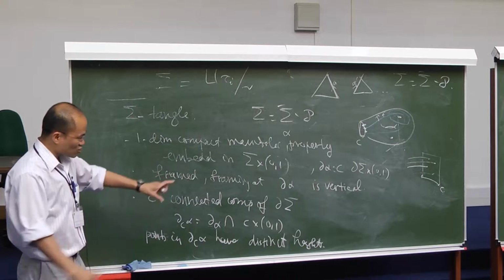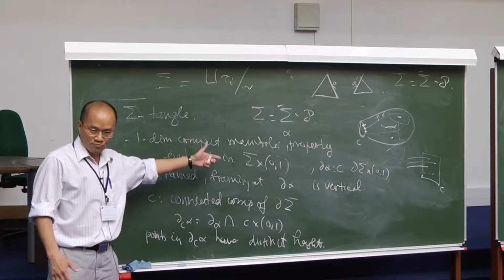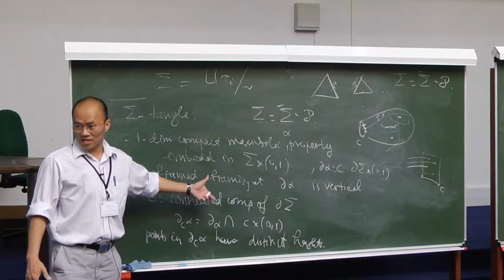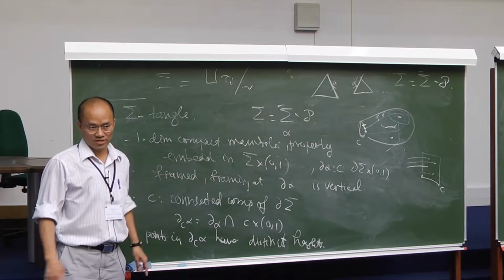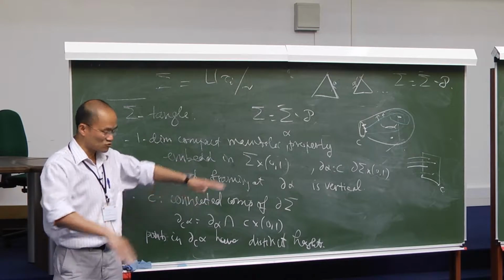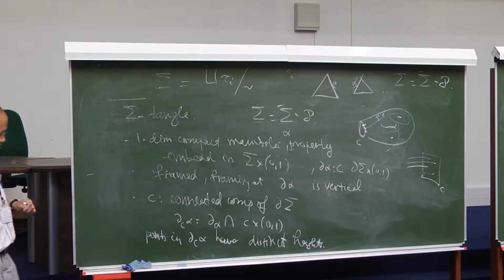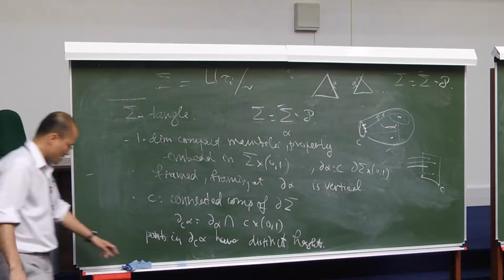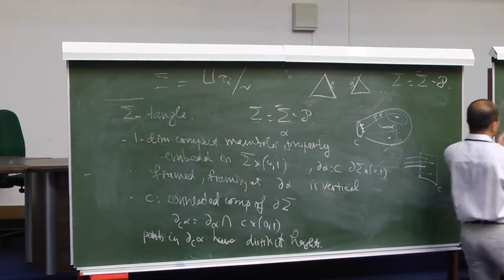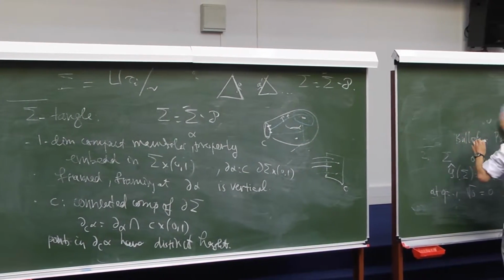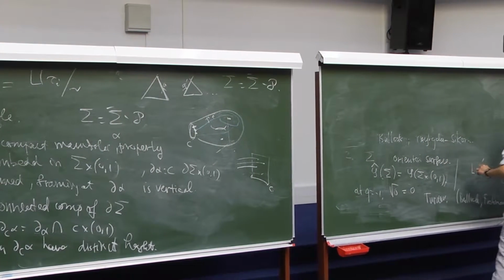Again, homotopy or isotopy would be in the class of this sigma. You are allowed to do isotopy, but you have to stay within the class of this here. And now we define the skein model, and a bit later the skein algebra.